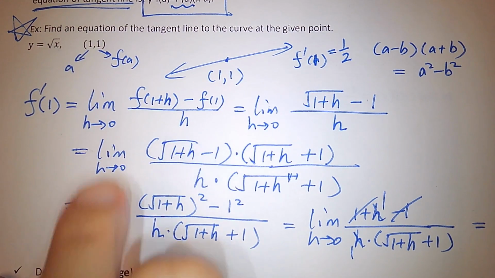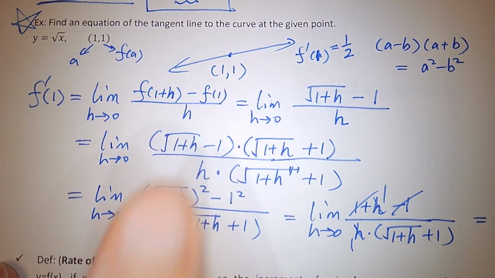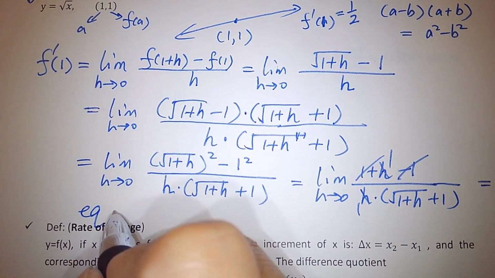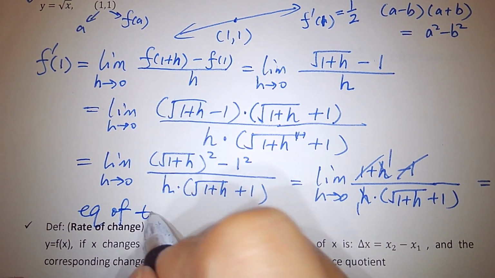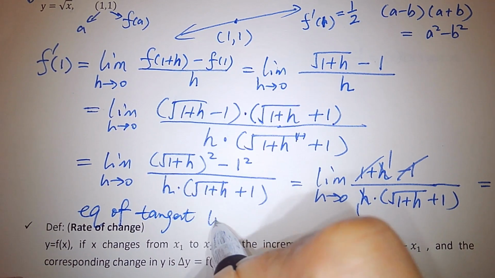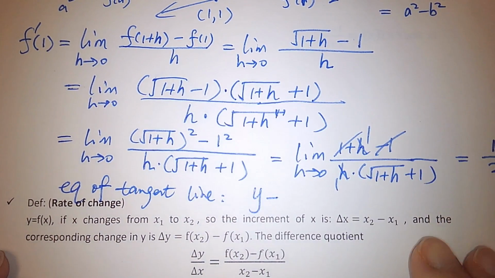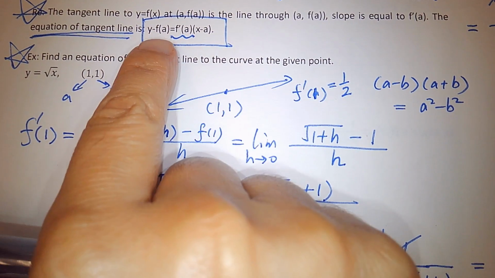Okay, but we're not done yet. We need to find the equation of this tangent line. How? Use point slope form. Okay, so the equation of the tangent line is going to be what? y minus what?